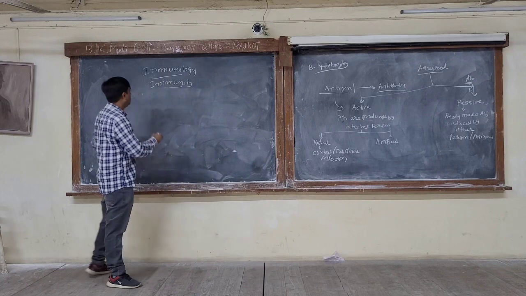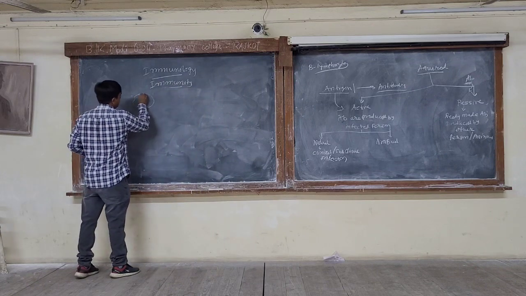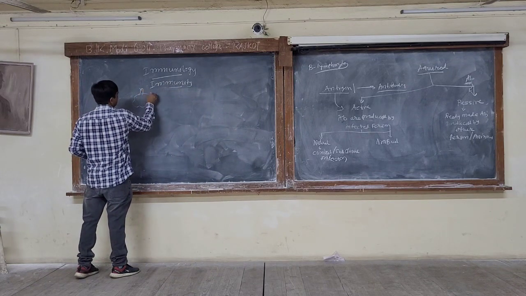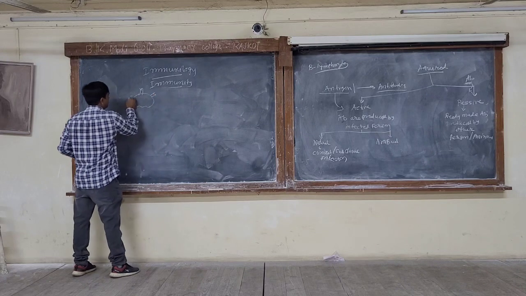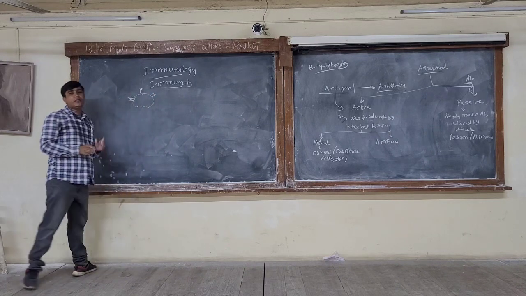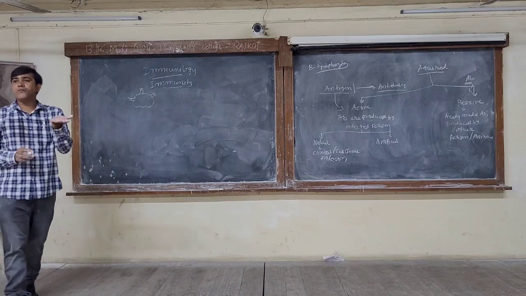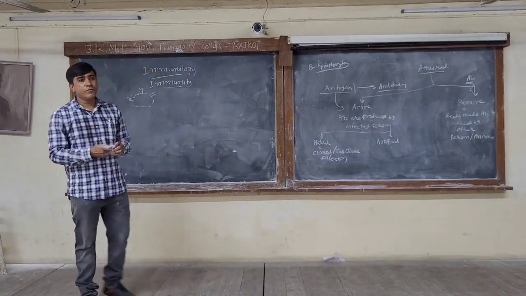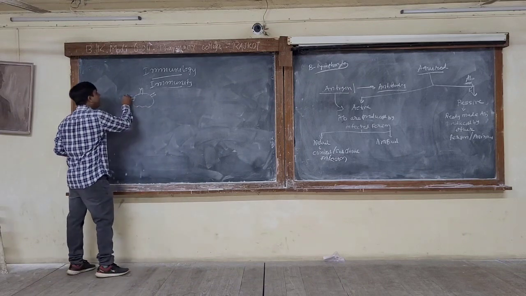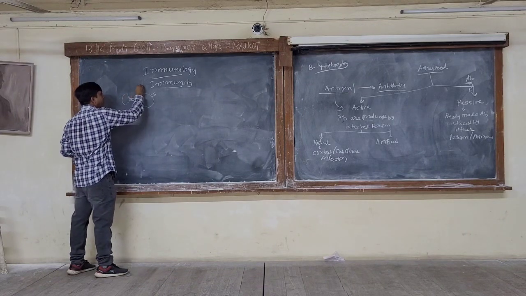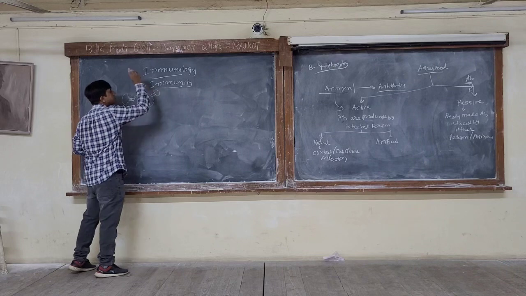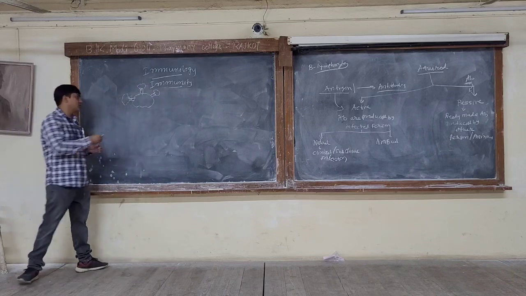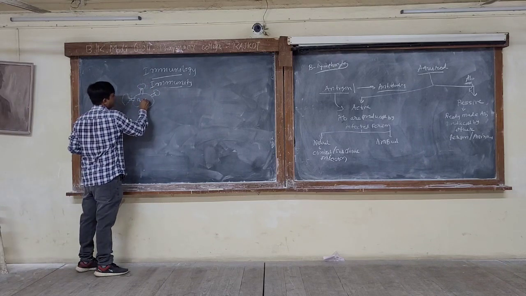Normally, the B lymphocytes have some surface receptors, and these surface receptors are capable of identifying the antigen. So when an antigen enters the body, it will be identified by the surface receptors of the B cells or B lymphocytes.